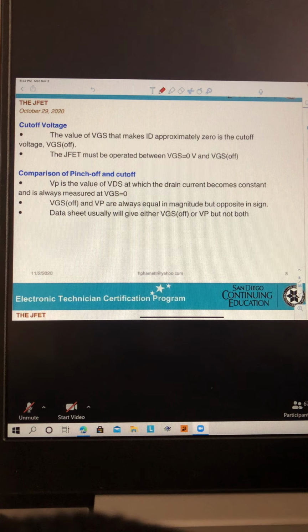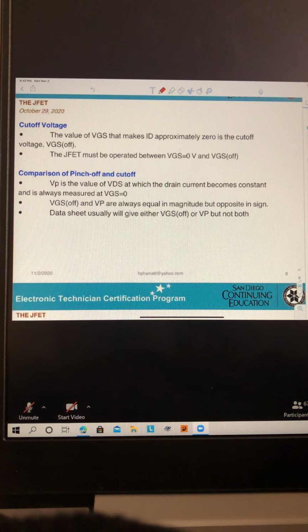Comparison of pinch-off and cut-off. VP is the value of VDS at which the drain current becomes constant, always measured at VGS equal to 0.